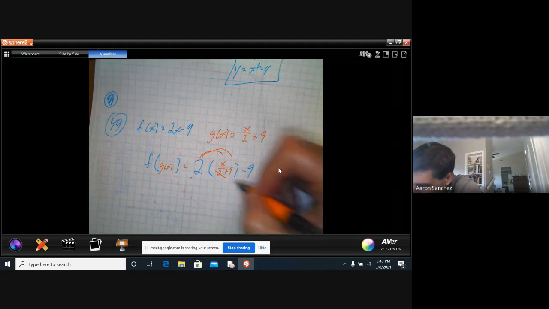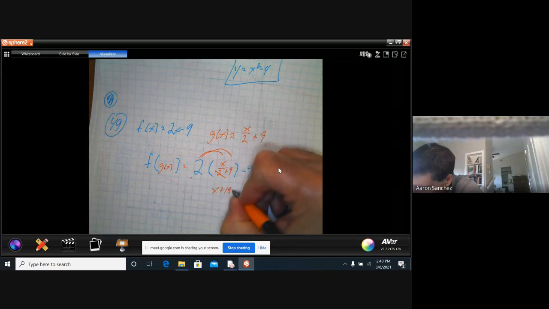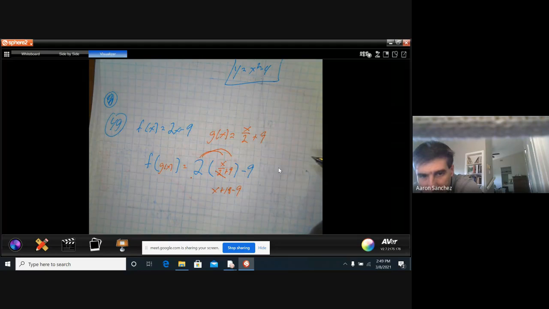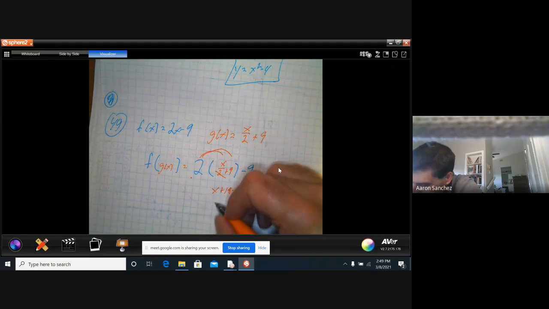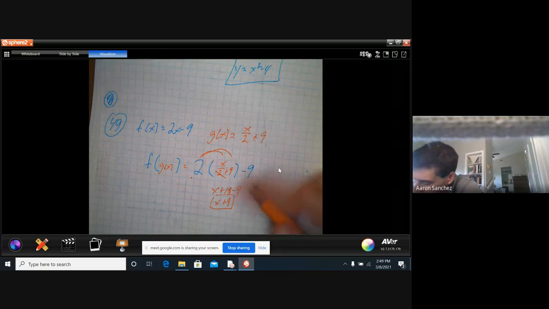That's going to cancel out, and 2 times 9 is 18. And then 18 minus 9 is just 9. Nothing else I can do. There's nothing else left over. I just have an x plus 9, not an x. So they are not inverses.